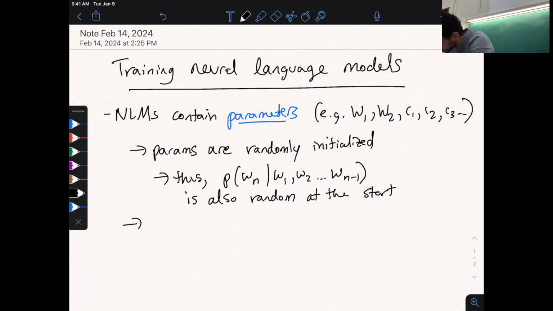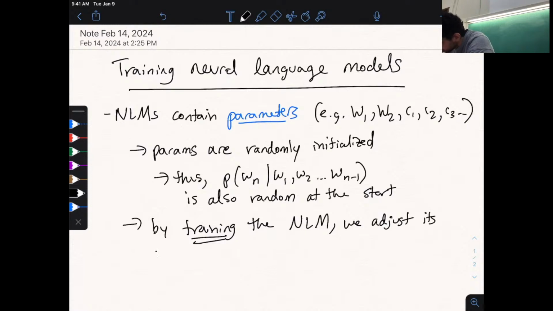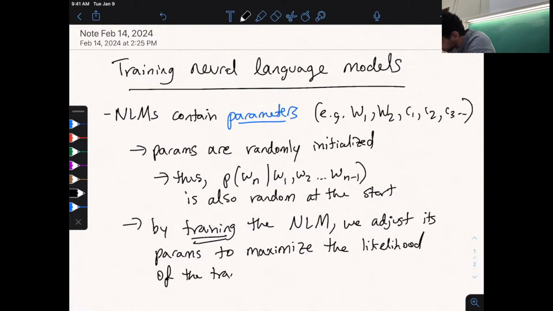So conceptually, by training the neural language model, we adjust its parameters to maximize the likelihood of the training data.